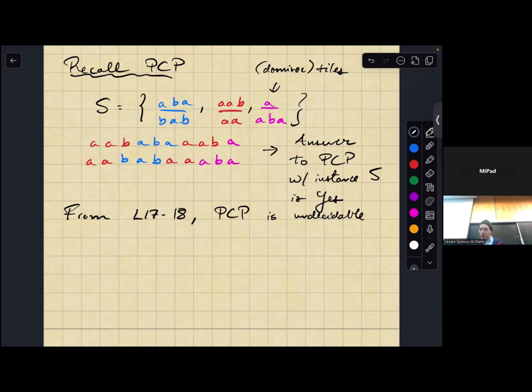And how did you actually prove this? I'm not going to redo it, of course, but I think it's important to remind you of what the reduction was. All of the problems that we've been dealing with in terms of undecidability have been with Turing machines. So how do you connect domino tiles and Turing machines?